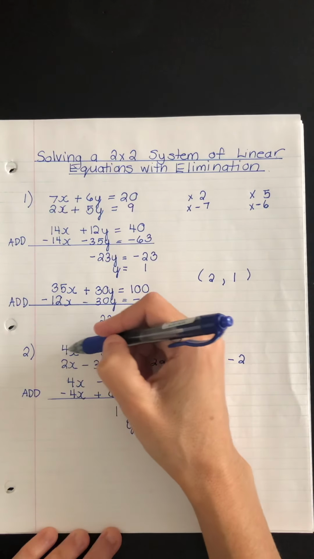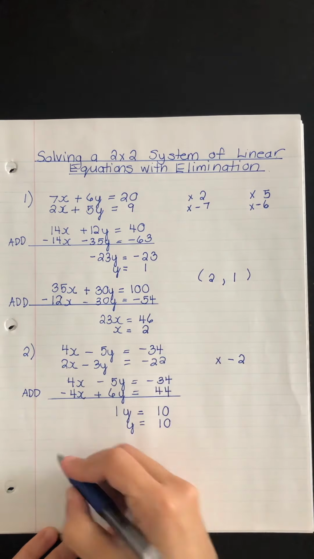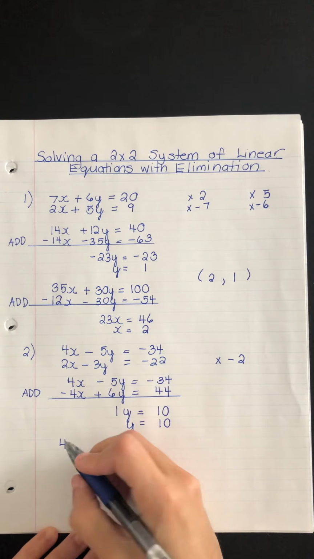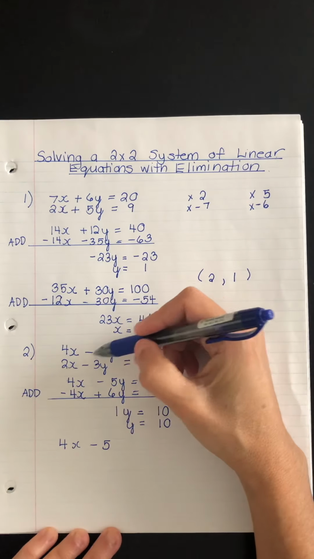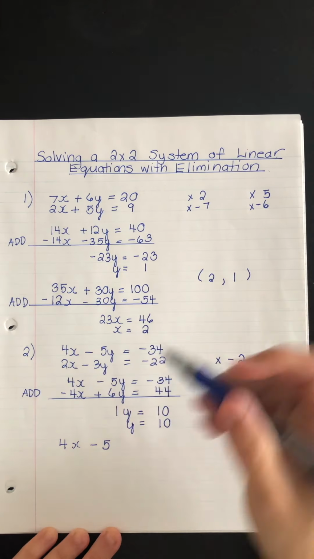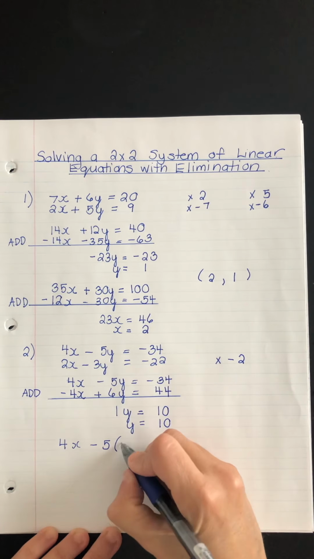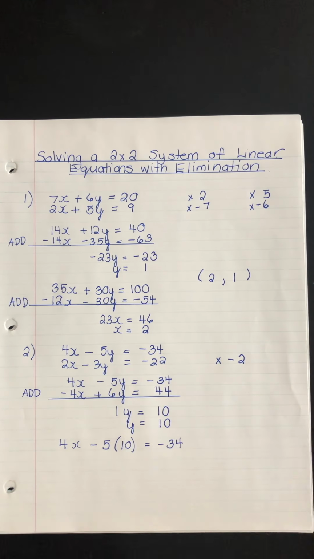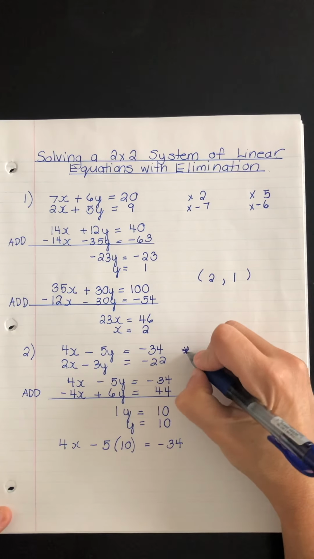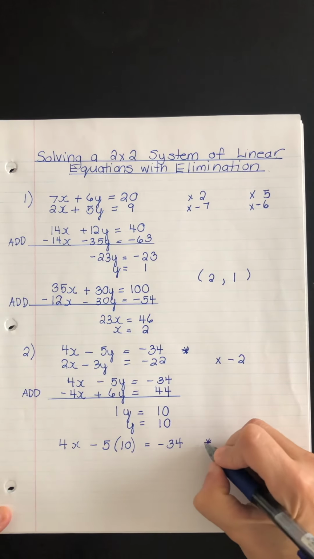For example, I can substitute it into equation 1. So equation 1 says 4x minus 5y. This means minus 5 times y, and y is 10. So I have this. 4x minus 5 times 10 is negative 34. So I'm substituting into this equation right here.